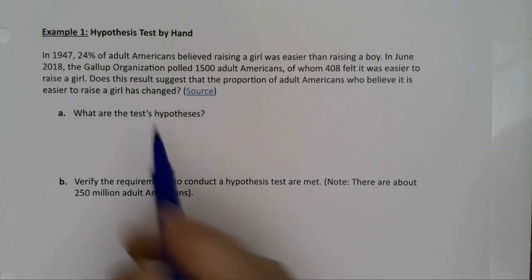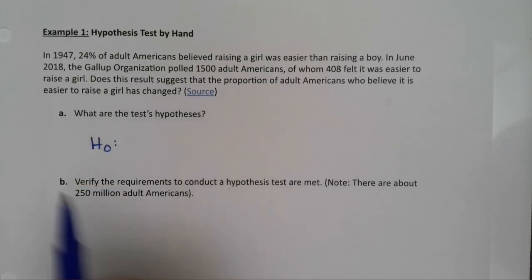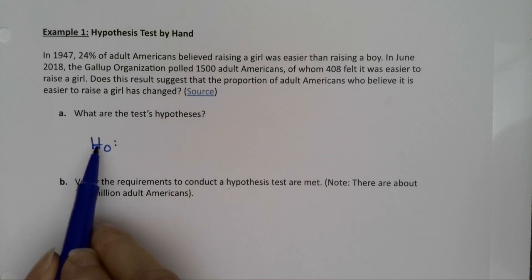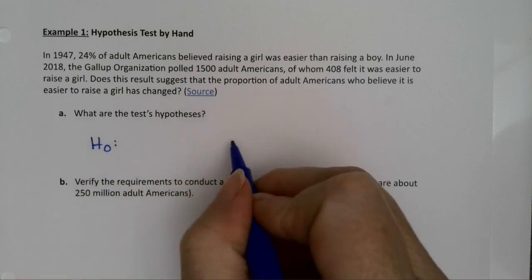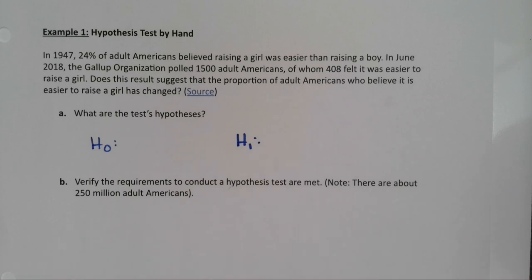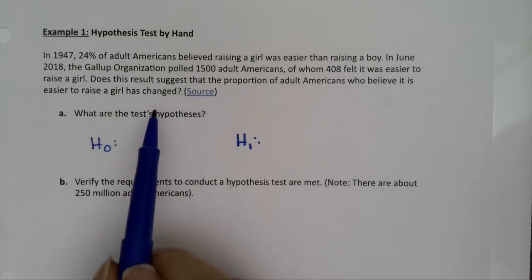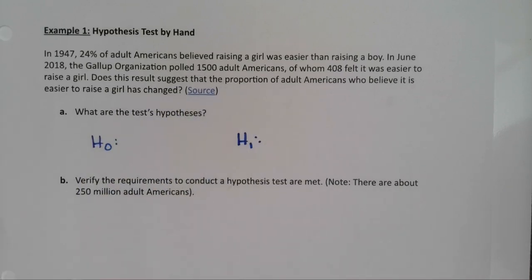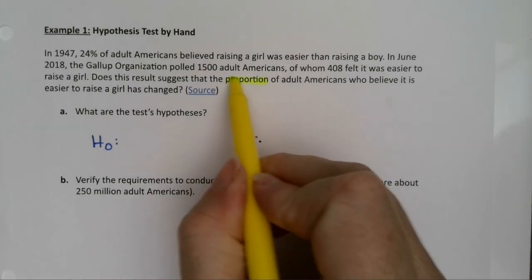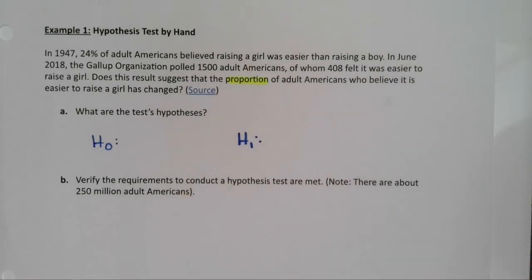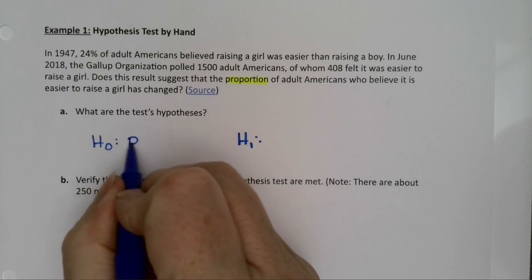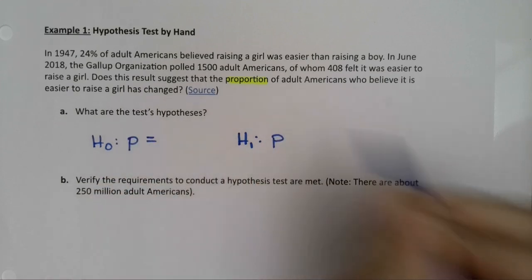Now, the hypotheses are always the null hypothesis, which is H sub 0, right? Subscript is 0. So H0 and H1. Now, because this is proportion, and it says the word right there, which is kind of a giant red flag, we know that our parameter is P. P for proportion.